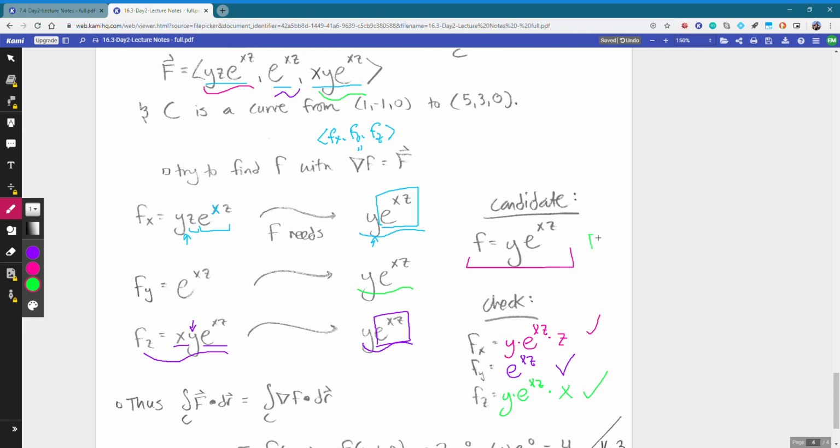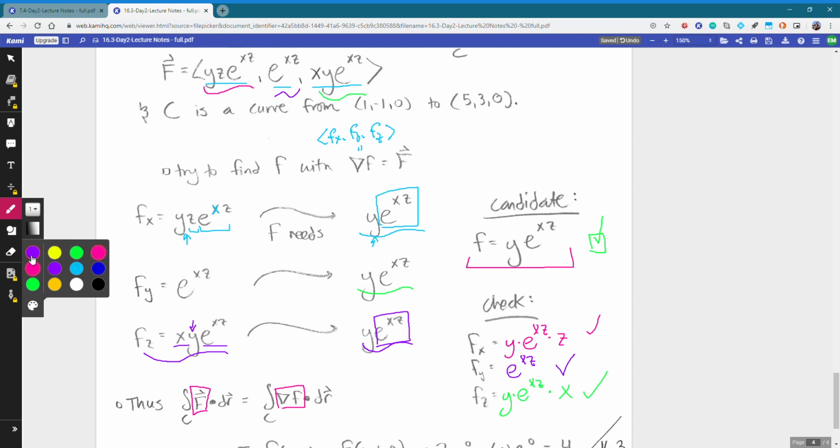And so with that, we have found a bona fide potential function f whose gradient is our vector field. And so with that, the line integral that we are wanting to compute over our vector field F, well, our vector field F equals the gradient of our function little f here.